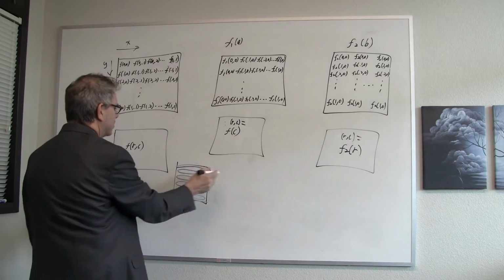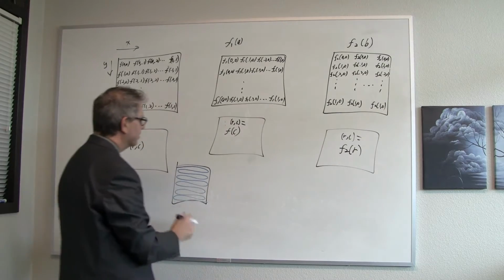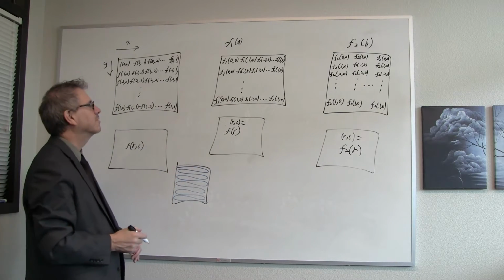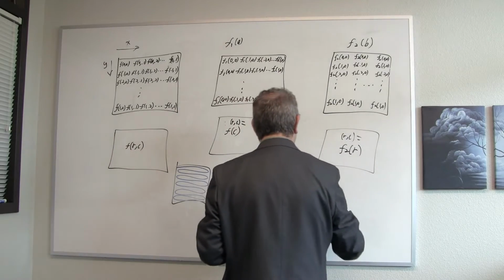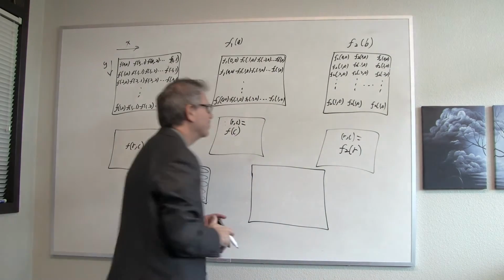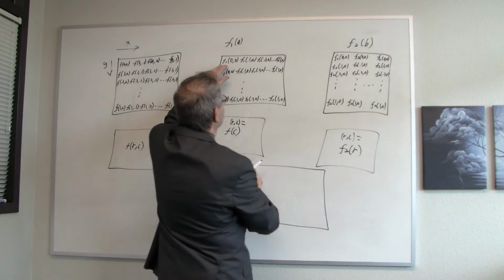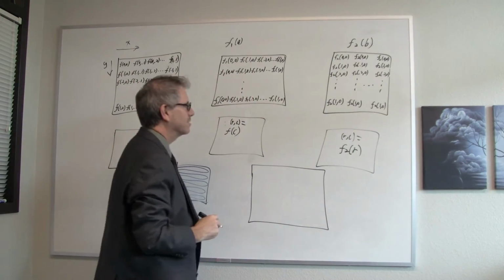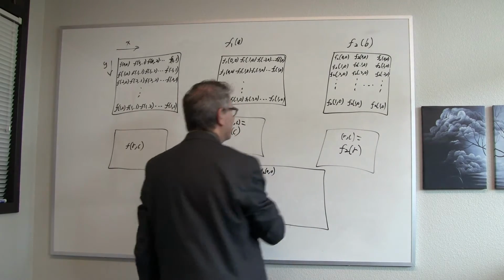So as we sweep through this pattern and we load values into a target cell in the same raster pattern, what is the value in our composite cell that we were creating by multiplying? Well, the first value that gets loaded in will be f1 of 0, 0 times f2 of 0, 0. That's f1, f2 of 0, 0.